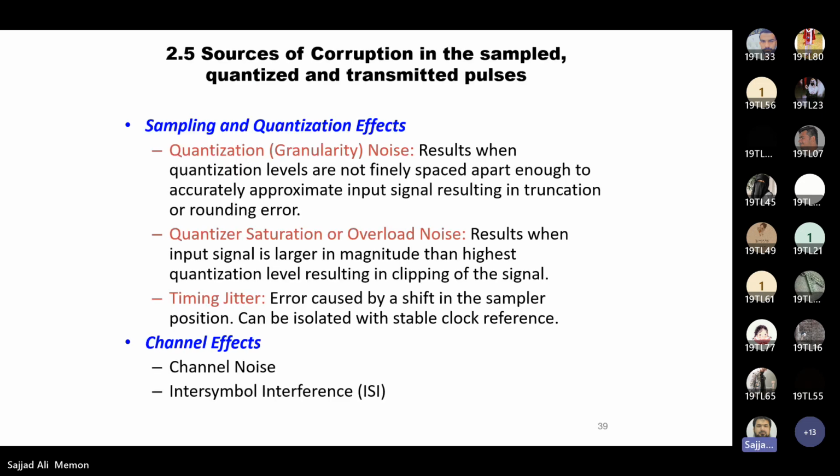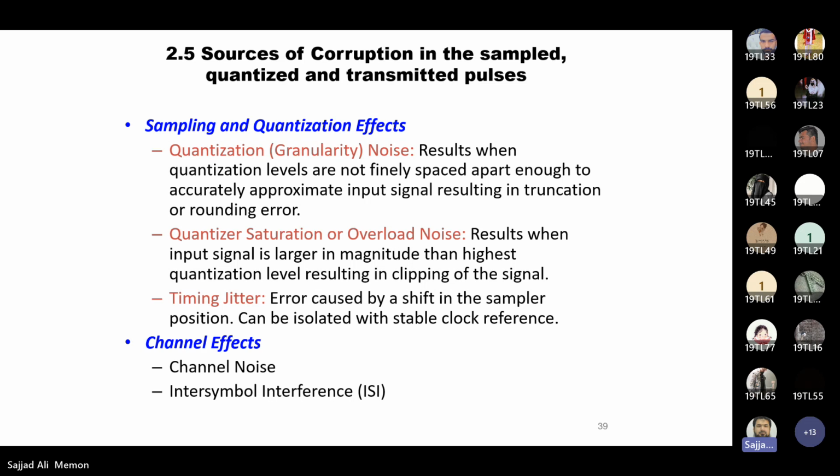Then we have the sources of corruption in the sampled, quantized, and transmitted pulses. So I already told you about quantization error or quantization noise that results when quantization levels are not finely spaced enough to accurately approximate the input signal, resulting in truncation or rounding error.